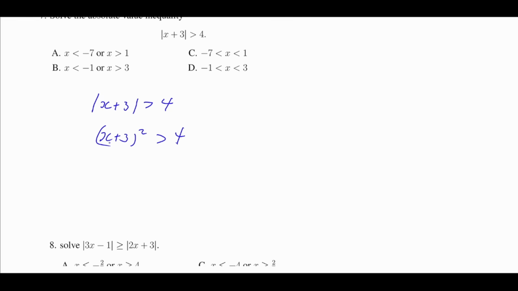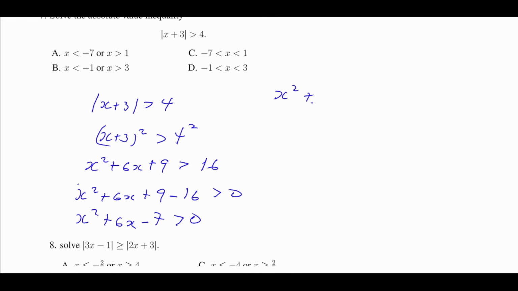Now when I open this up, I have x squared plus 6x plus 9 minus 16, which is x squared plus 6x minus 7. We look for two numbers that multiply to give -7 and add to give 6. So we take 7 and -1. So x squared plus 7x minus x minus 7 should be greater than 0.